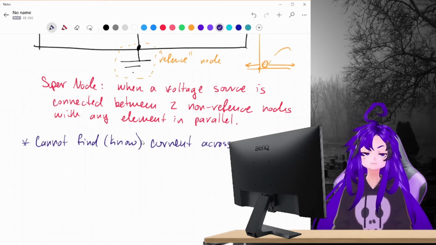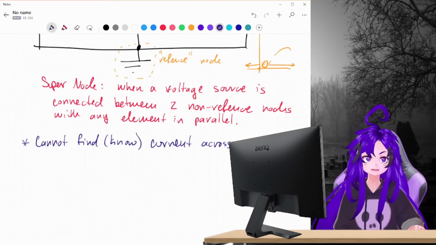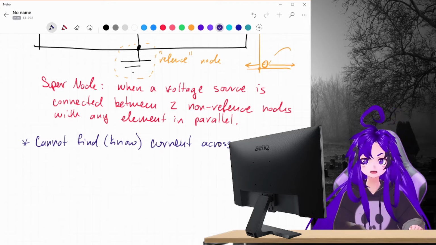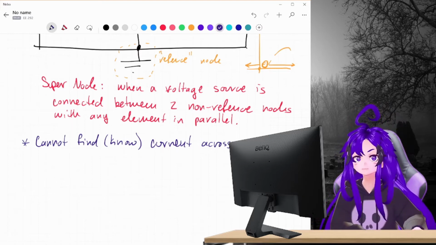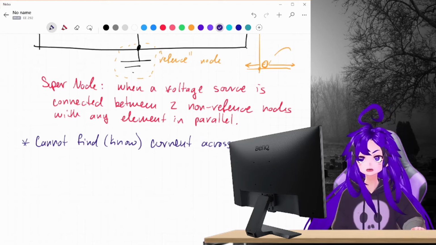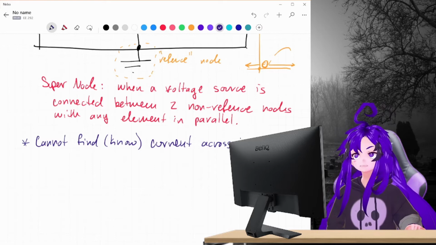They're just fiddly bits. You gotta recognize the situation, and then you gotta apply the right rules. And that's basically the core of electrical engineering and solving these kinds of problems, or really any circuit analysis. Cannot find current across a voltage source.